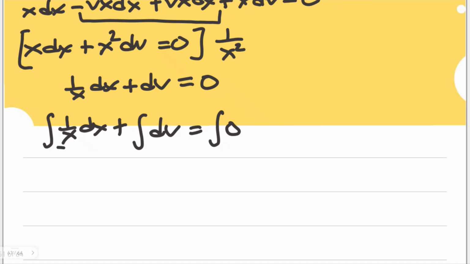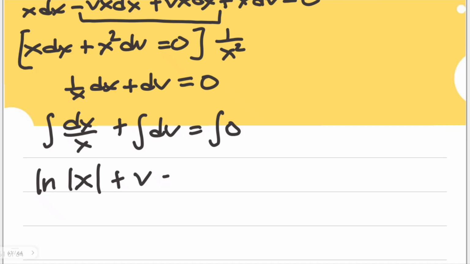You can rewrite that as dx over x, and the integral of that is the natural logarithm of the absolute value of x, plus the integral of dv, which is equal to v, equal to the integral of 0, which is just any constant c. Now that we are done with this, we are almost there.